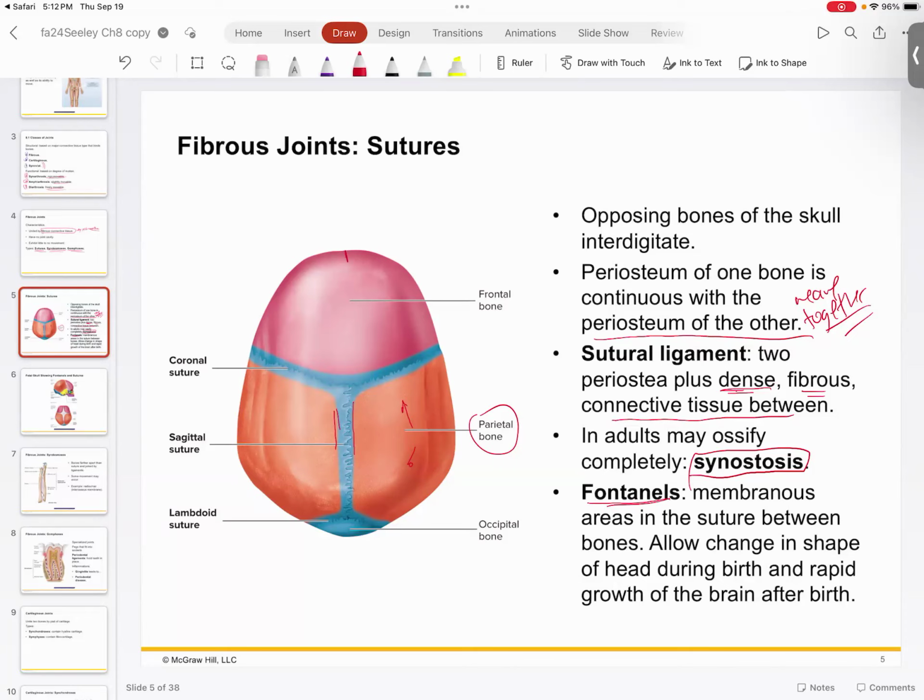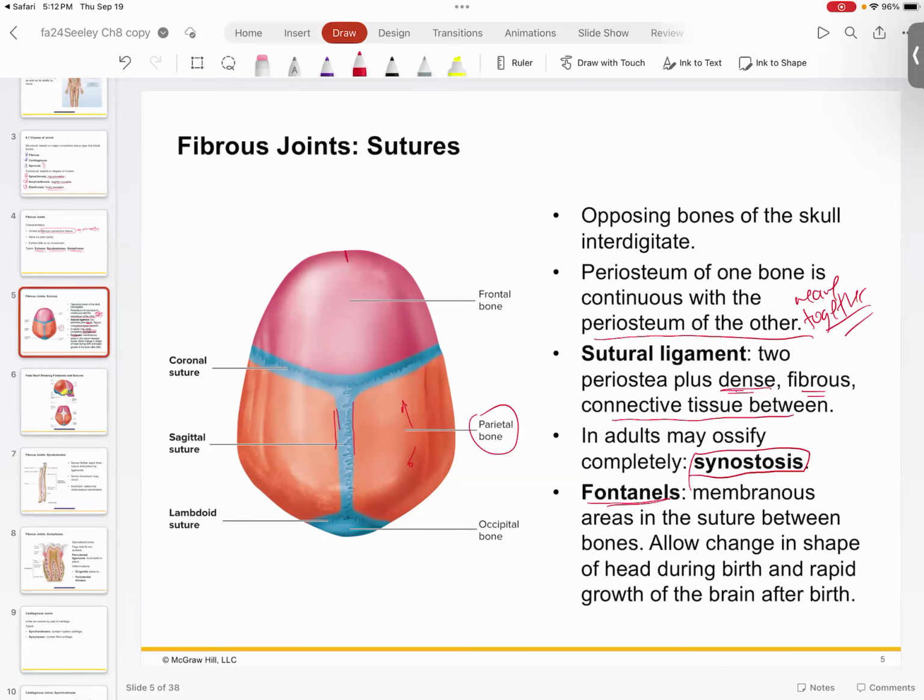And the reason you have this is so that the baby's head can distort as it's being born. It's the only way you're going to be able to get that big old baby head through the birth canal without killing the mother. That's the reason why those bones can crush a little bit and distort and work their way through the birth canal.